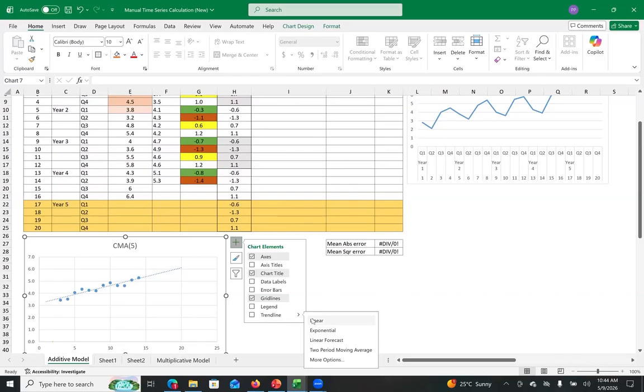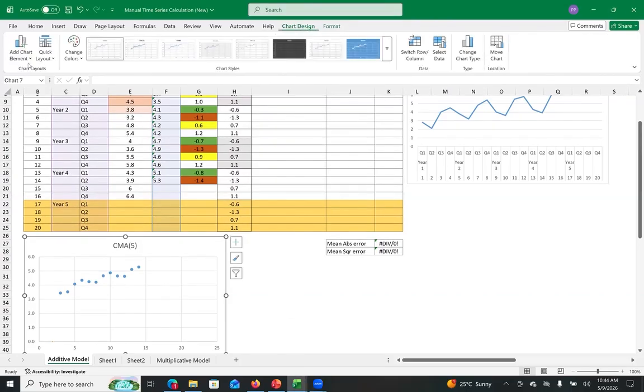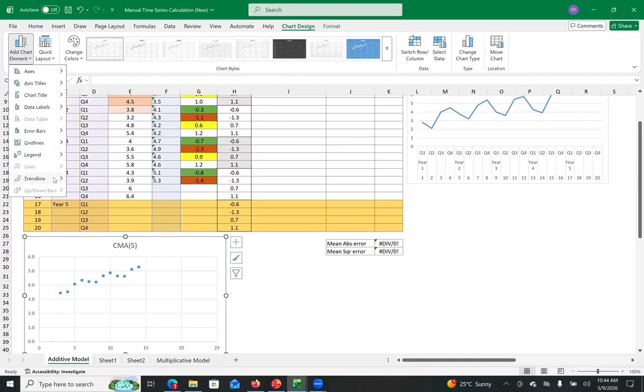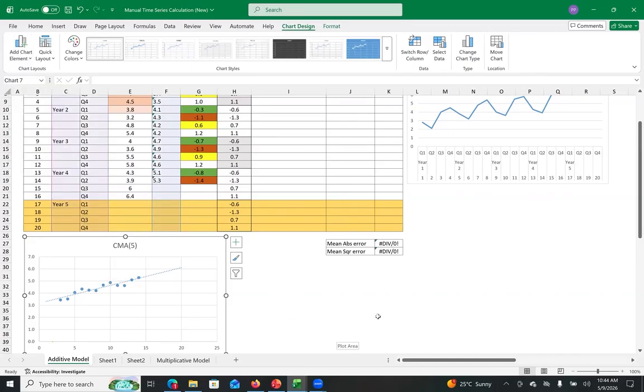If it is not coming from here, you can just click the chart, then go to chart design, add chart element, and even from here you can get the trend line, linear. Okay, so both the options are there. Get that trend line.